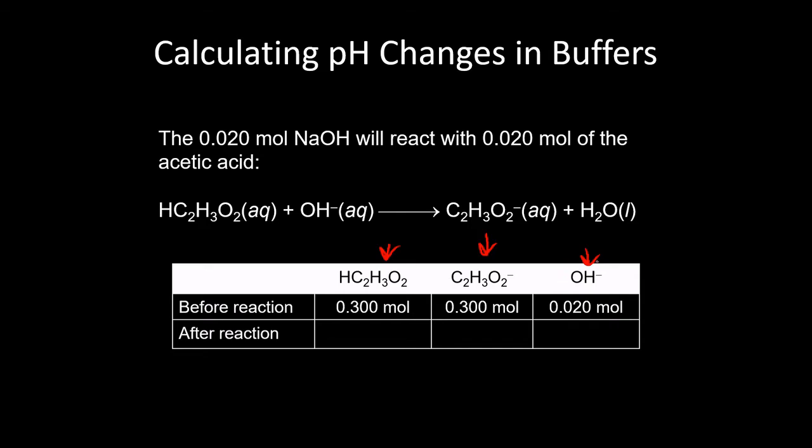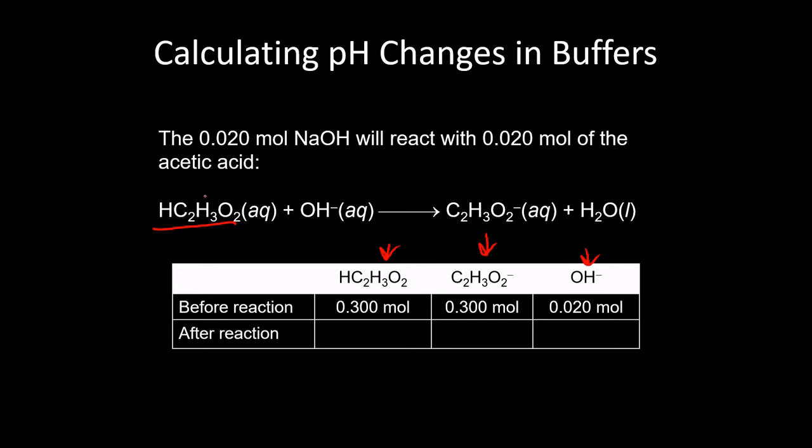Now we know because hydroxide is a base, it's going to react with the strongest acid in the solution, which is not water, it is acetic acid. So the base is going to react with acetic acid to form acetate and water.